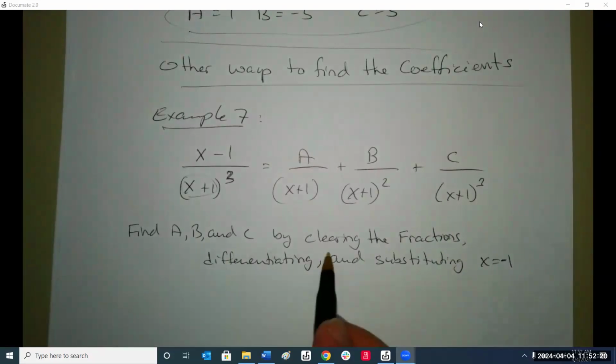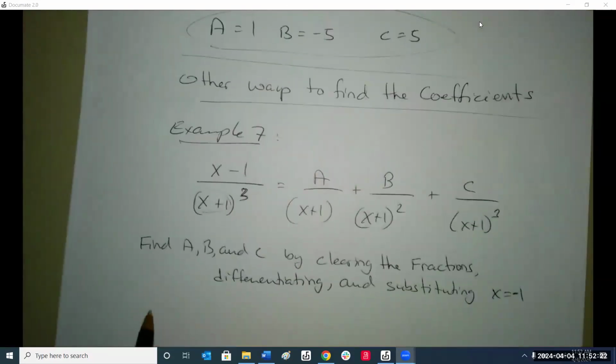So first I have to clear the fractions. Multiply by the LCD, which is (x plus 1) cubed.